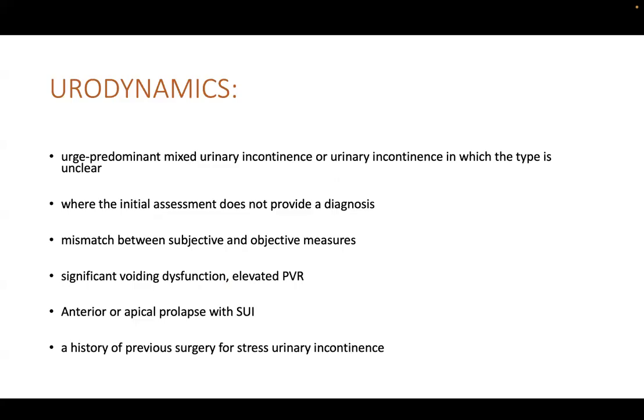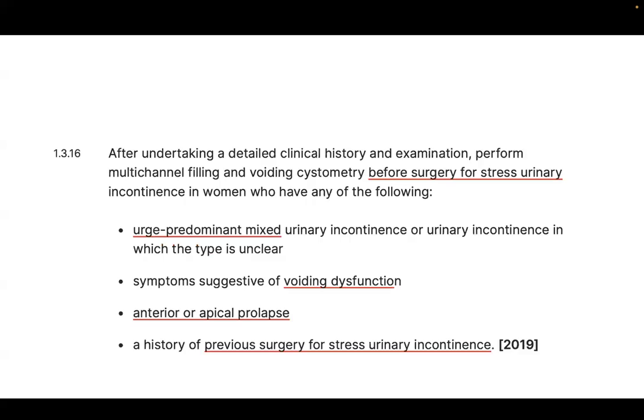What NICE says: urge predominant mixed incontinence, where initial assessment does not provide a diagnosis; mismatch between subjective and objective measures; significant voiding dysfunction; anterior or apical prolapse with SUI; and history of previous surgery for SUI. So how can we memorize these things? Pure stress incontinence is not an indication for urodynamics.